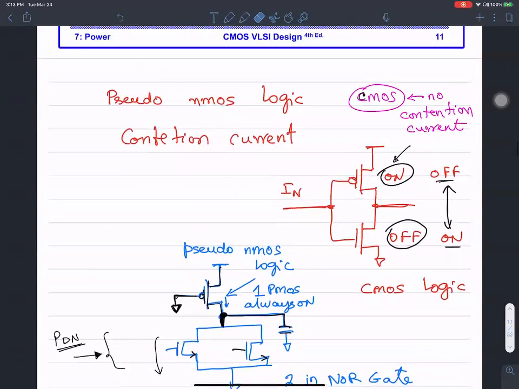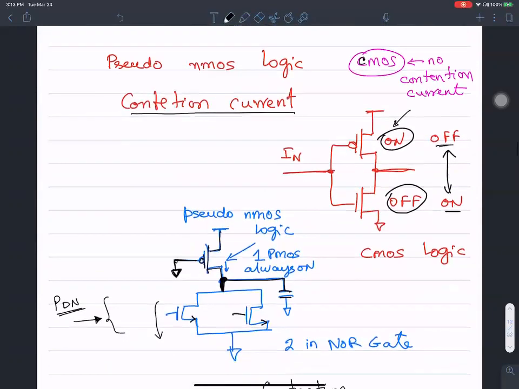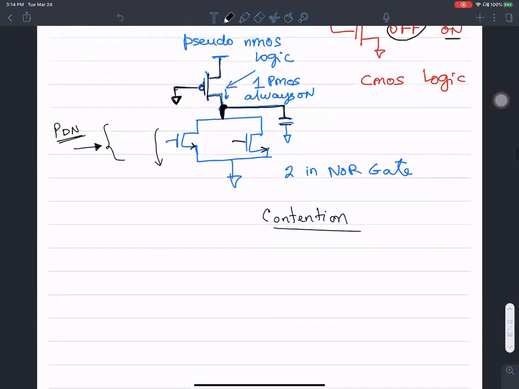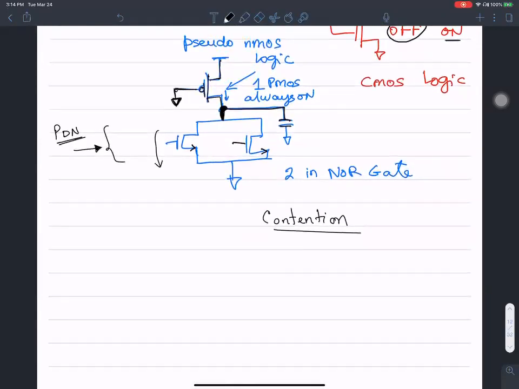Okay, so contention current happens in logic families different from CMOS, like pseudo NMOS logic, where the PMOS transistor of the pull-up network is always on.